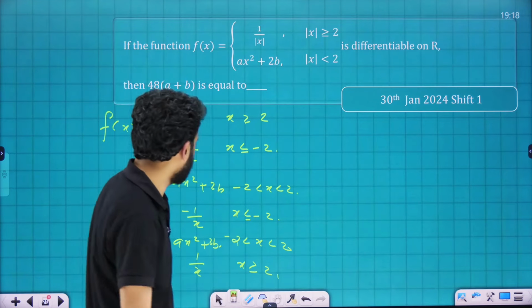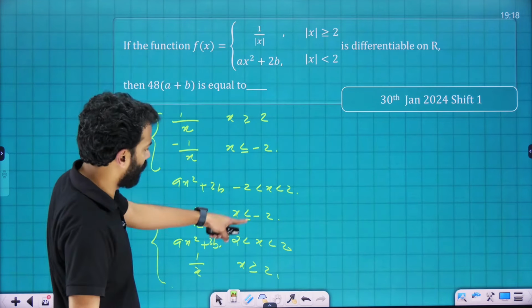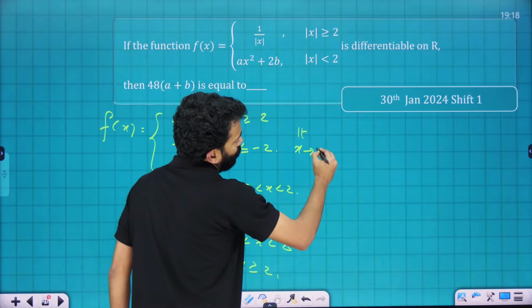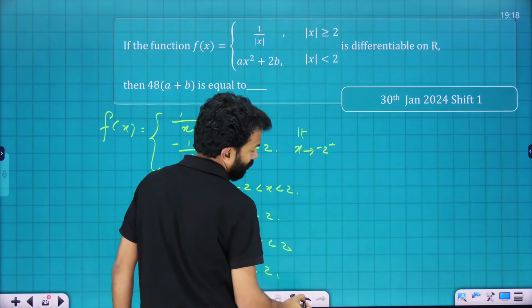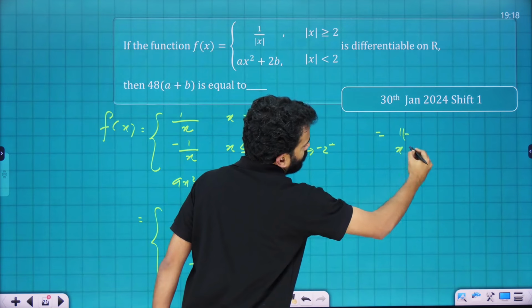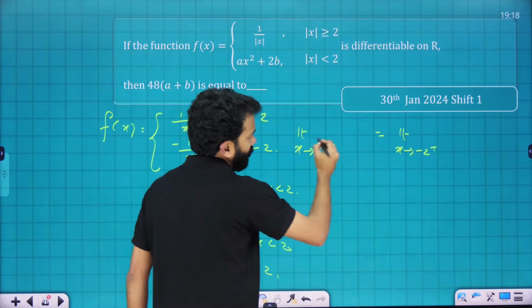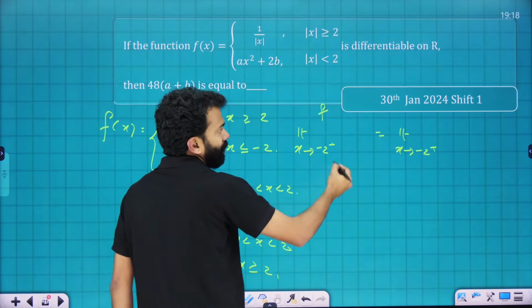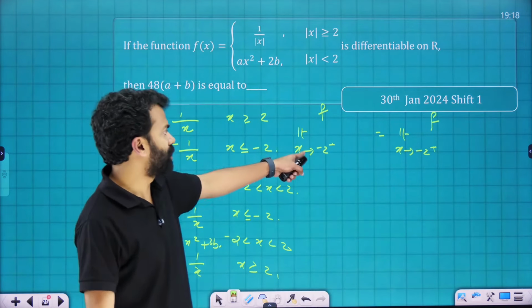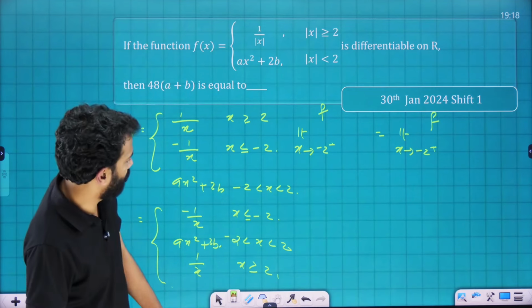So we know that if it is continuous at minus 2 and 2, limit x tends to minus 2 minus f of x is equal to limit x tends to minus 2 plus f of x. So what is the corresponding expression there?